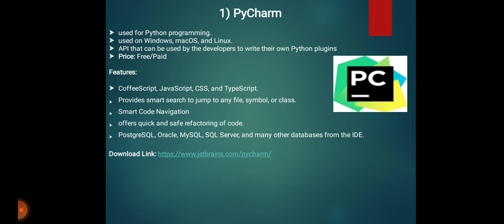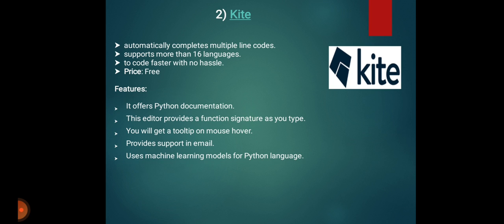Then the next one is Kite. The logo of Kite is a kite, as you can see in the figure. Kite is an IDE for Python that automatically completes multiple lines of code.